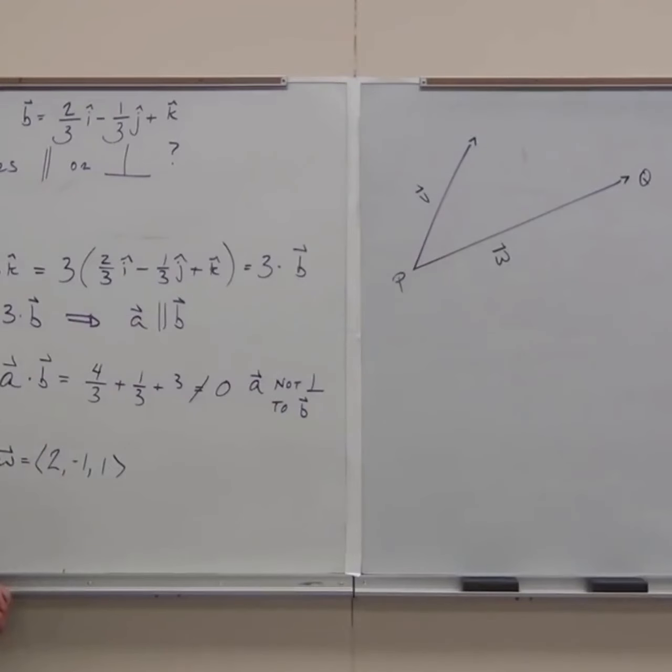Were you all okay that they're for sure not parallel because they're not scalar multiples? It's pretty fast. I mean, it should jump out at you whether they are or not.